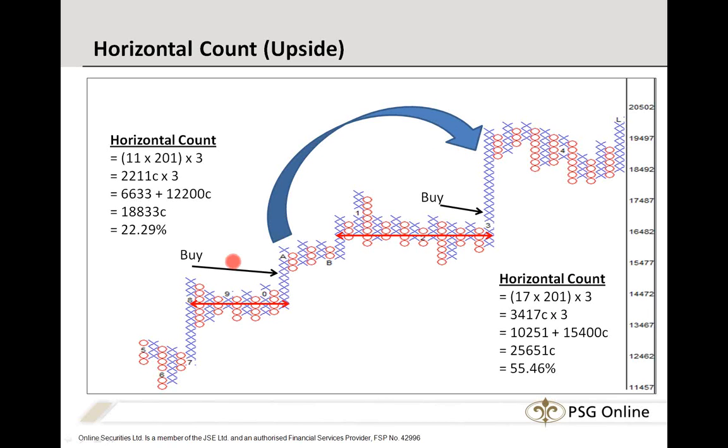So here's a practical example, and here's a horizontal count of, in this situation, 11. 11 times the box size of 2.01, which I'll get from the top of the screen, times my reversal. So 11 times 2.01 comes to 22.11 cents, times my reversal. That's the resultant.